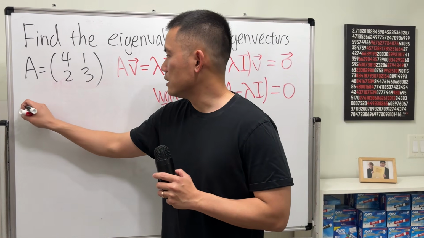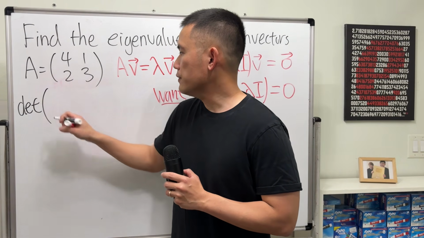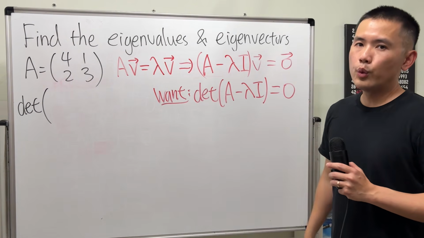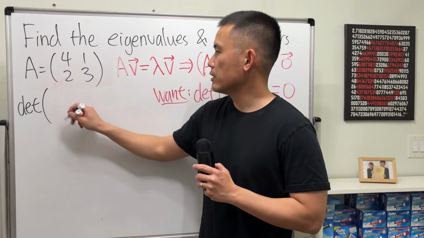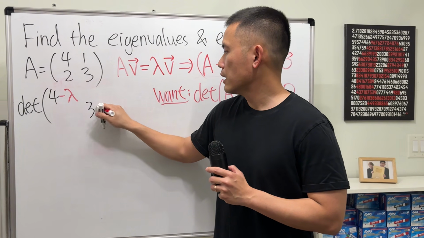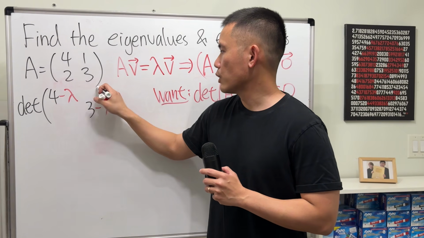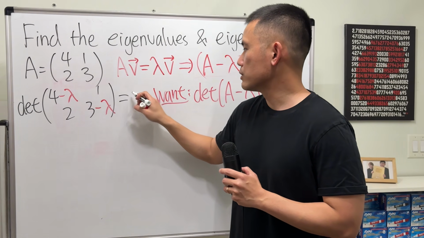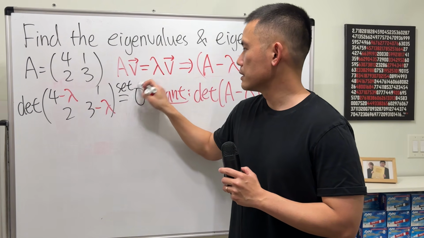So we will need the determinant of this. All we have to do is go to the diagonal and subtract lambda from it, and then keep the rest. So 4 minus lambda, 1, 2, 3 minus lambda, and we want this to be 0.